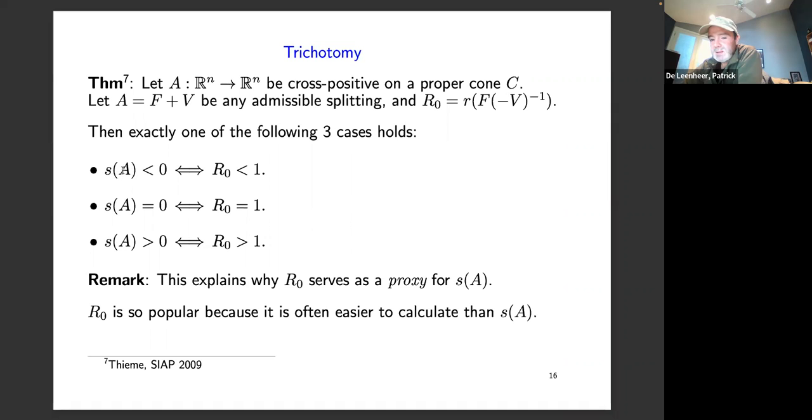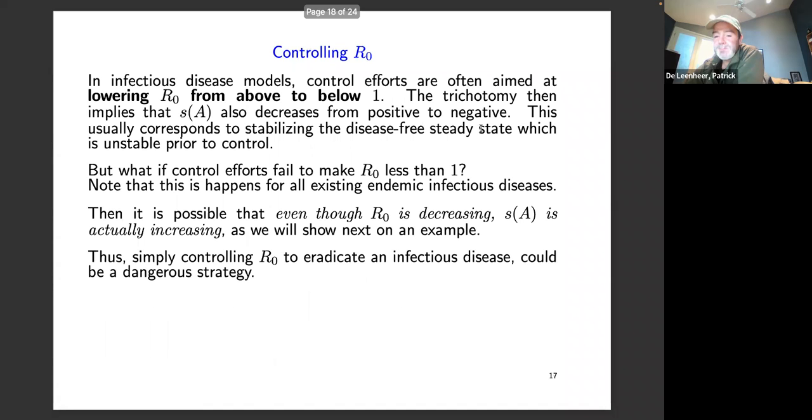The spectral abscissa of the original operator A is negative if and only if R0 is less than 1. It's 0 if and only if R0 is 1. It's positive if and only if R0 is bigger than 1. Okay, and why is R0 so popular? Because it's often easier to calculate. Despite the definition, it's actually easier to calculate than the spectral abscissa of many matrices.